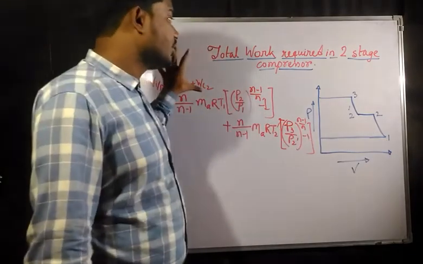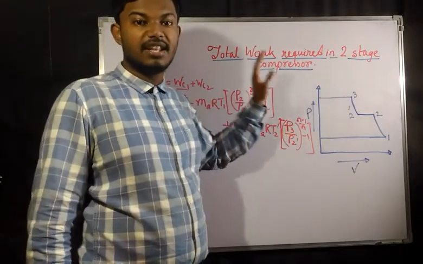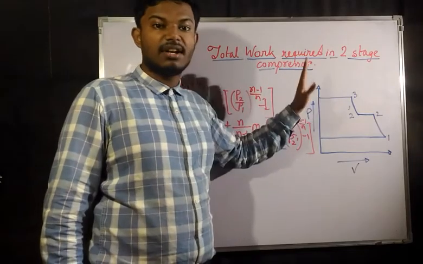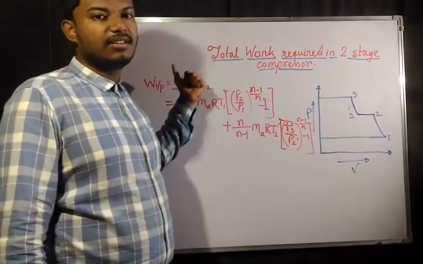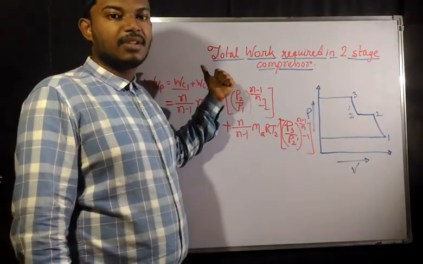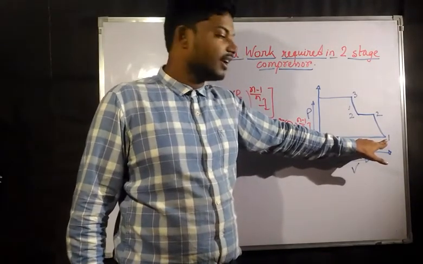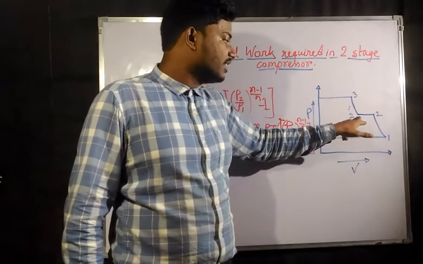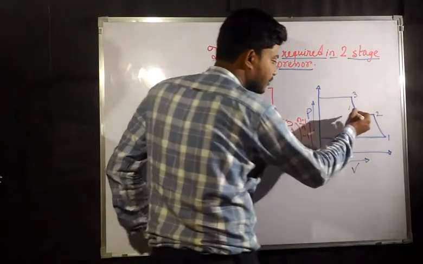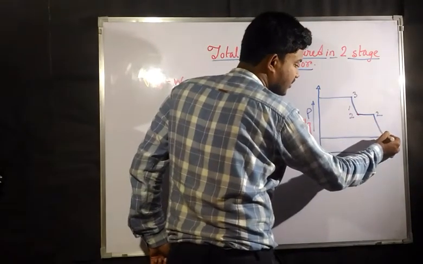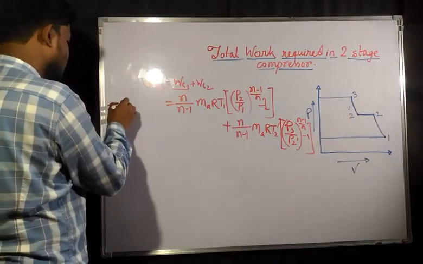While drawing the two-stage compressor layout, we said that after passing the intercooler, the temperature up to which we need to cool the air must be equal to that of the inlet air. So the temperature T2 dash must be the same as T1. So we can write that T1 must be equal to T2 dash.